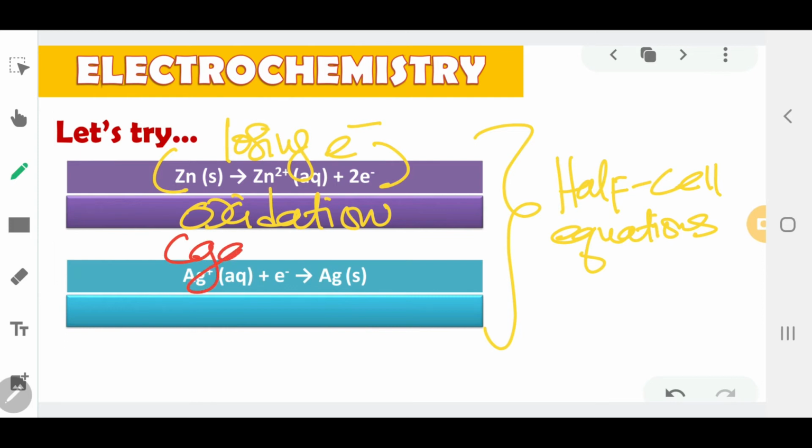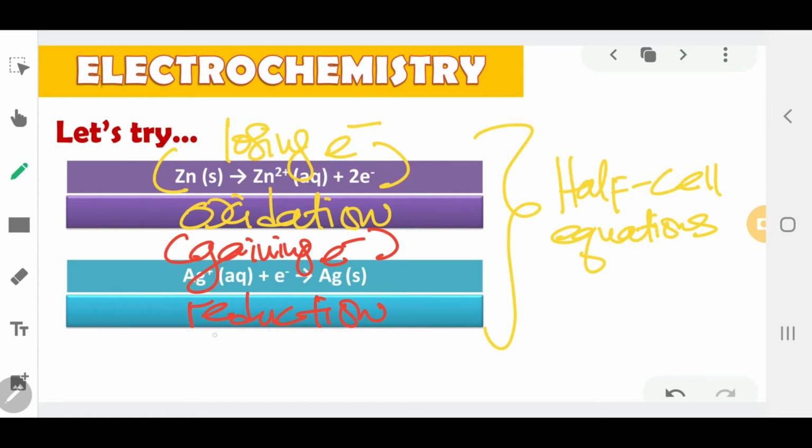And the one in blue, this one is gaining electrons. Okay, so you have a gaining electron process because you are receiving electrons over here. And this will obviously be your reduction.